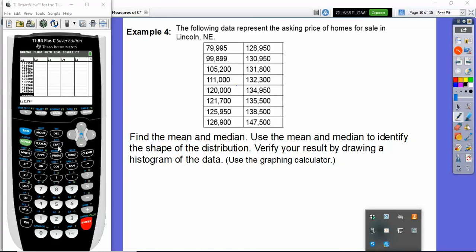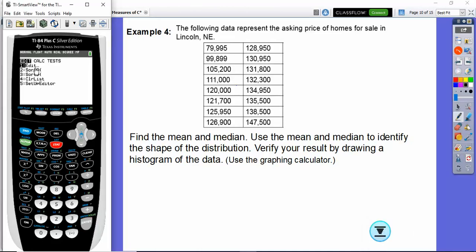We can go to Stat. So we start out Stat Edit to put our list of data in. We're going to go to Stat, and we want to go over to calculate, and we want the first one, 1-Var Stats, variable statistics. Okay, now as long as you put your stuff in L1, this slide we can just enter through. We don't have to change anything on this screen.